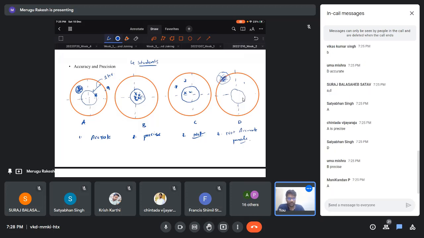Who is neither precise nor accurate? Okay, I think everyone answered. So there are some students who can get this concept. I think everyone is clear about neither precise nor accurate. So that is the student C.